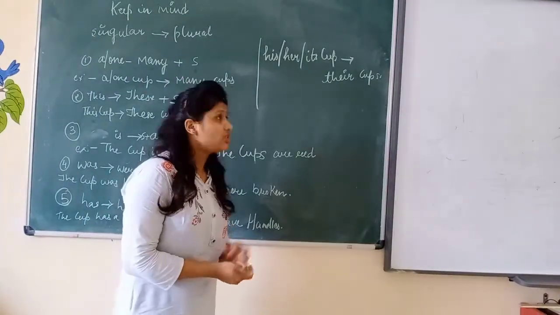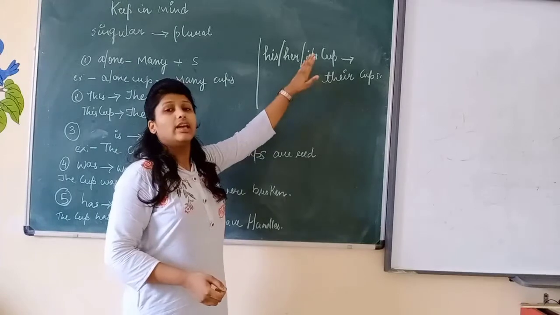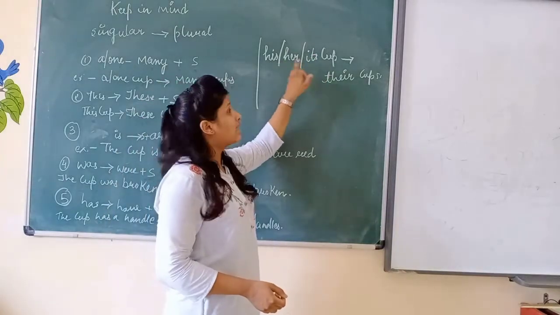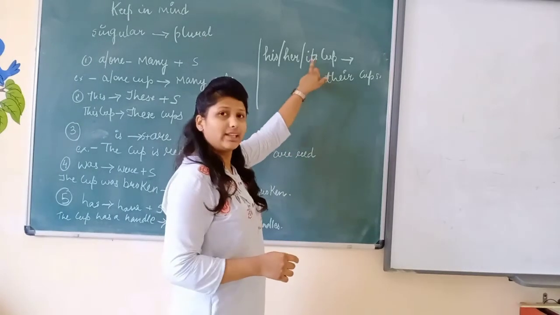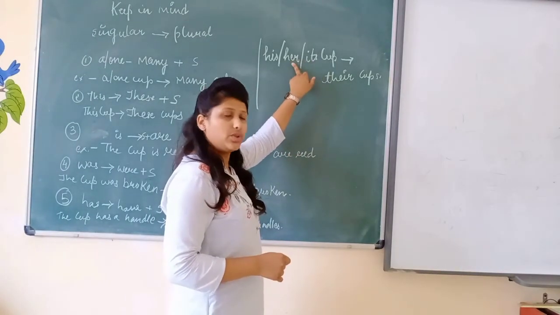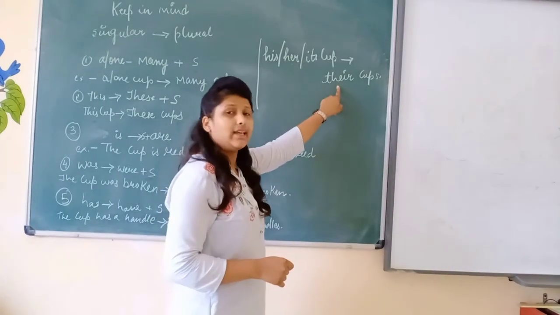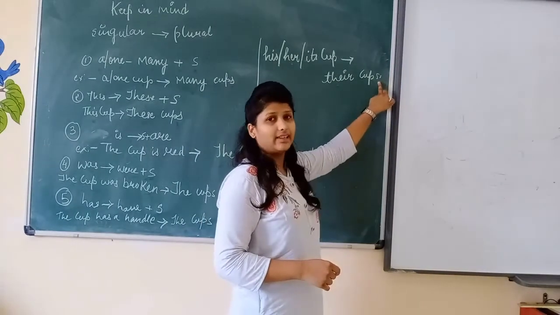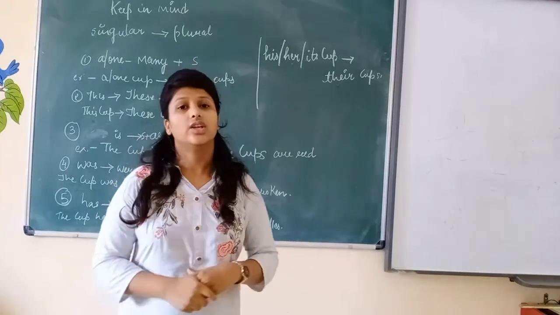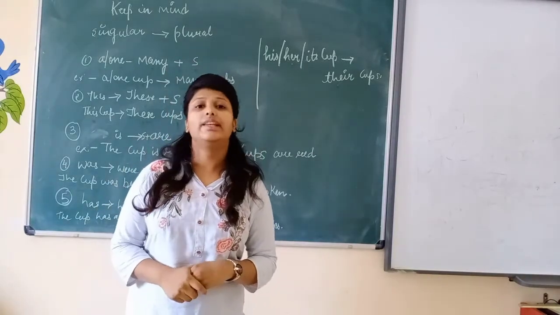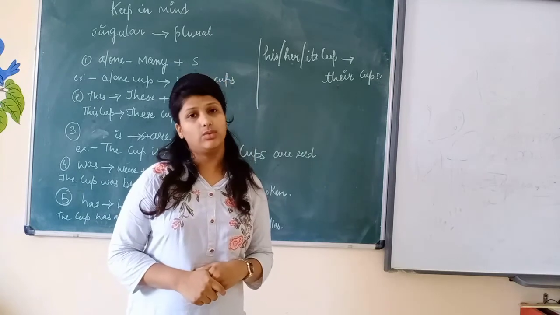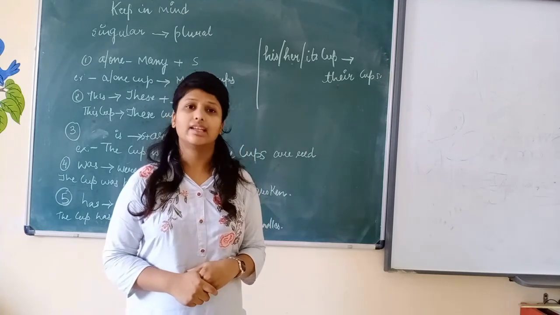We are going to change these three words in plural form by removing these words, and instead of writing these words, we are going to use a single word, that is their, and going to add s to the noun. So, I hope the concept of singular and plural nouns and the rules based on it is clear.